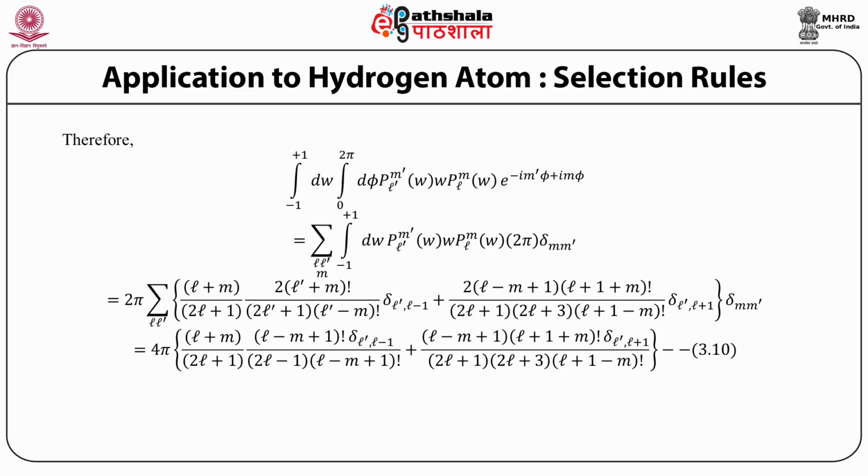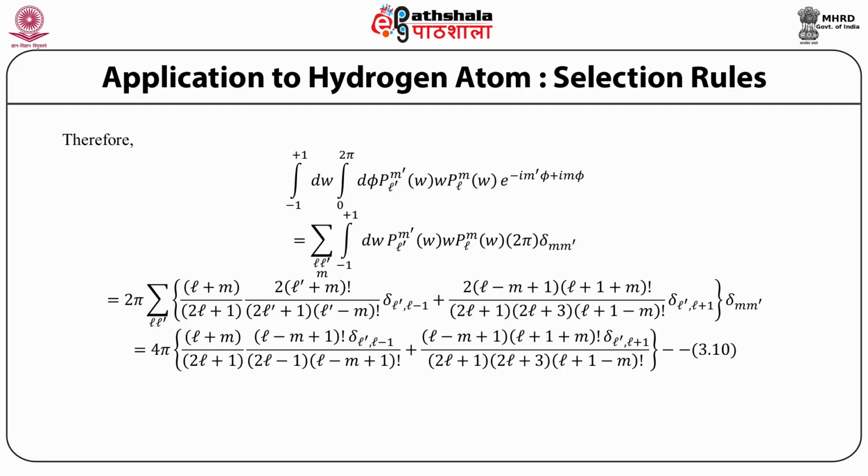Therefore, the integral over dw from minus 1 to plus 1, and 0 to 2π dφ of P_l'^m'(w) P_l^m times exponential of minus i m' φ plus i m φ gives us a summation over l and l' of the integral over minus 1 to 1 dw P_l'^m'(w) P_l^m times 2π delta m m', which becomes 2π into two terms, one involving delta l' l-1 and the other involving delta l' l+1.